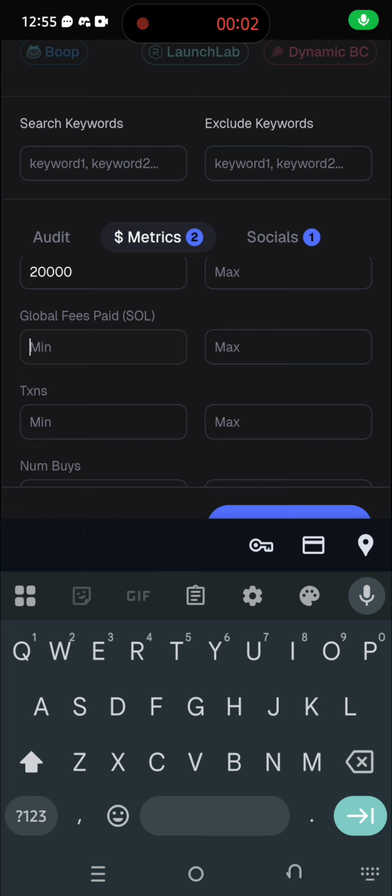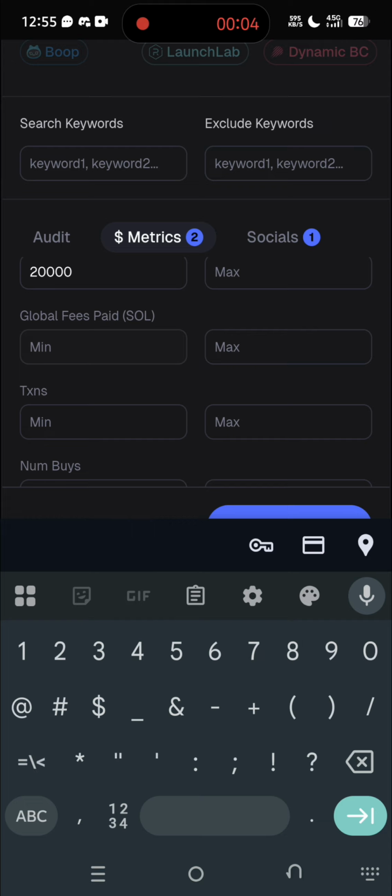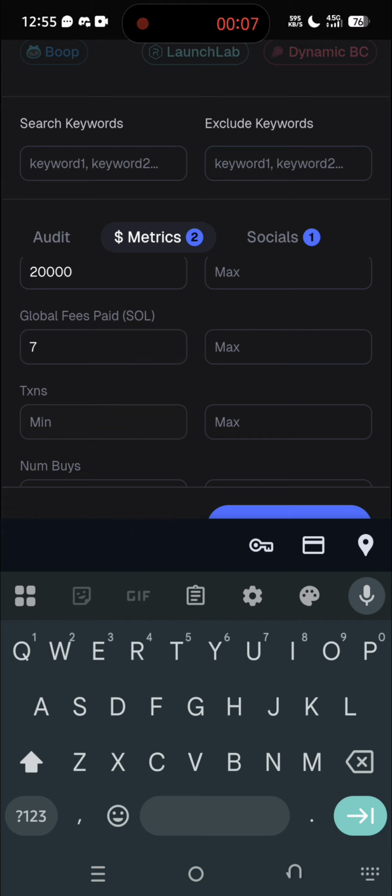So the minimum global fee is 7. With global fee, you'll be able to identify which one is a scam token or which one is a legit token. So you need to match it with the volume.